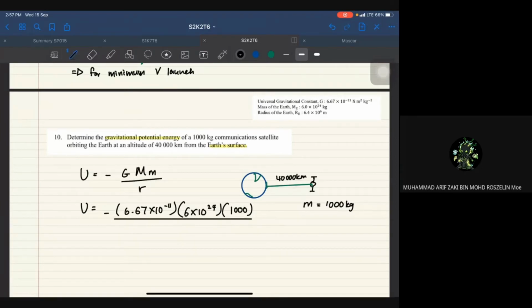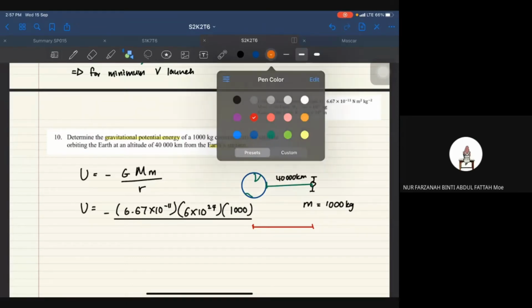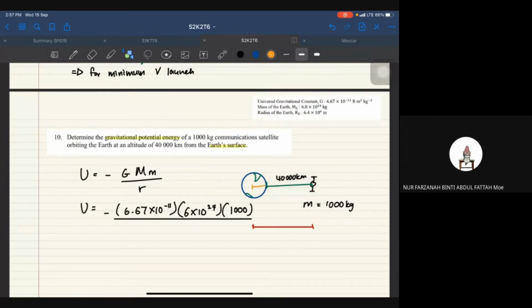And then you should have the distance here, which is, okay, for 40k, so the R is basically center to center kan. So it should be from here to here, betul tak? Betul, sir. So kamu kena tambah apa? Radius of Earth. Okay, good, very good.